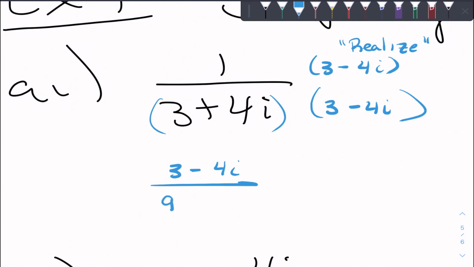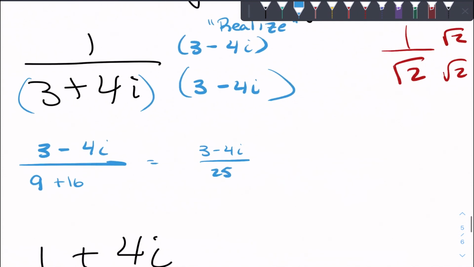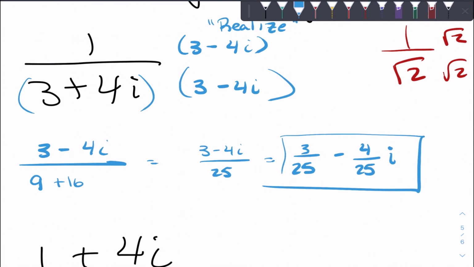We would end up with 9 plus 16, or 25. Oftentimes people will leave it like this, but let's be specific. To realize this fractional complex number, we have our real component, 3 over 25, minus 4 over 25i. And that is how you realize.